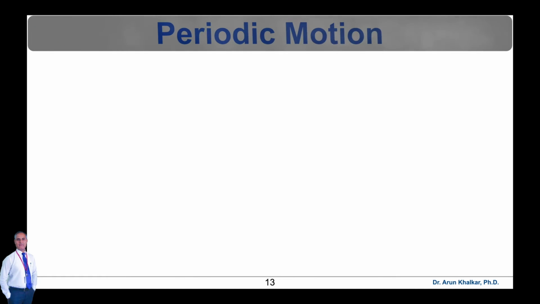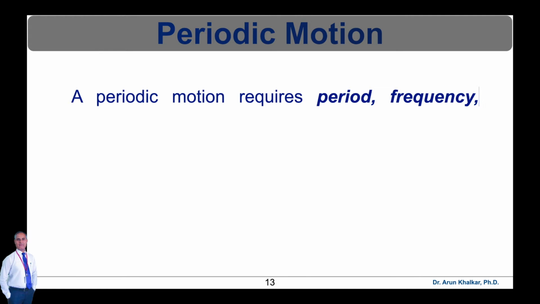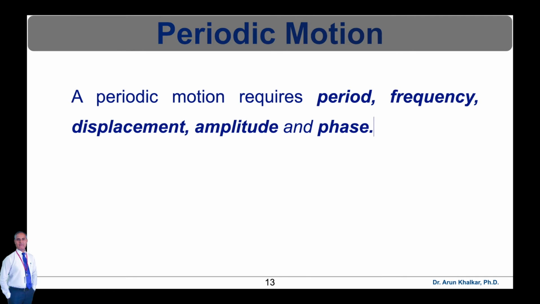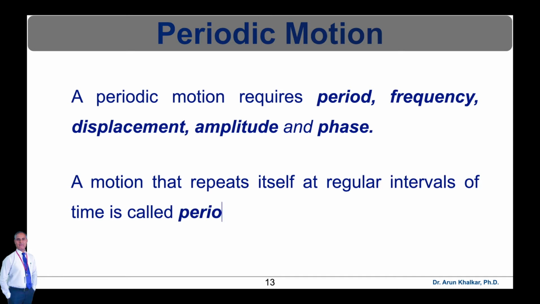The description of periodic motion in general and oscillatory motion in particular requires some fundamental concepts like period, frequency, displacement, amplitude, and phase. A motion that repeats itself at regular intervals of time is called periodic motion.